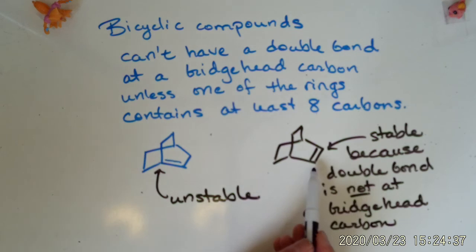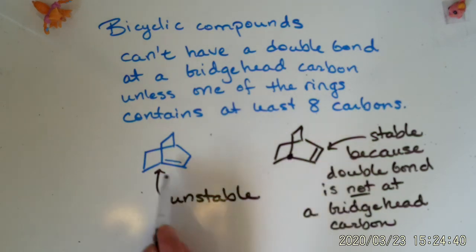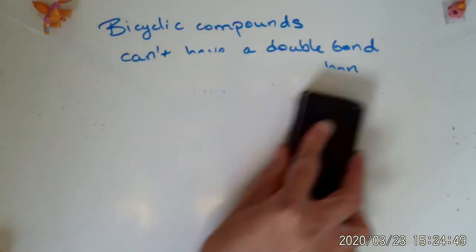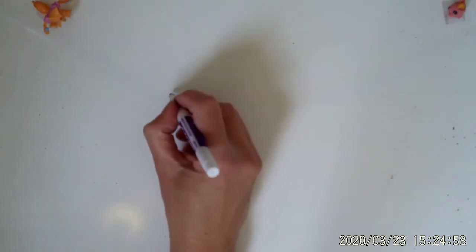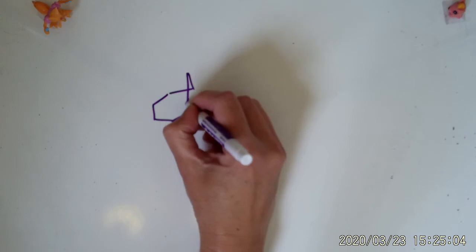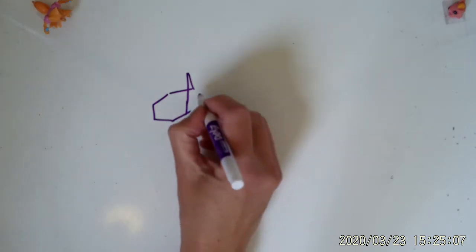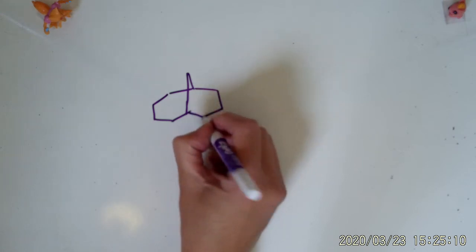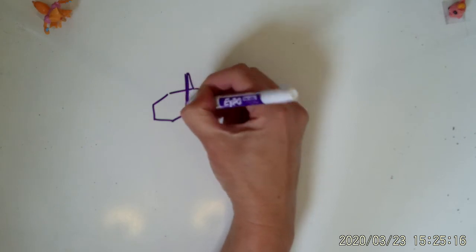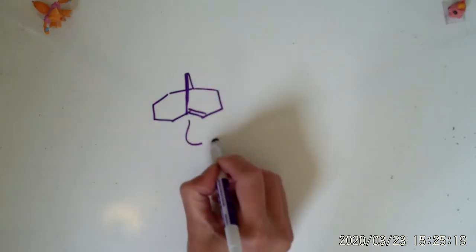Okay, so you see the difference? That one's not. This is my bridgehead. This one's too small. Let me give you an example of one that's basically stable. If I gave you something like, I put the double bond right here. Okay, this one is stable.